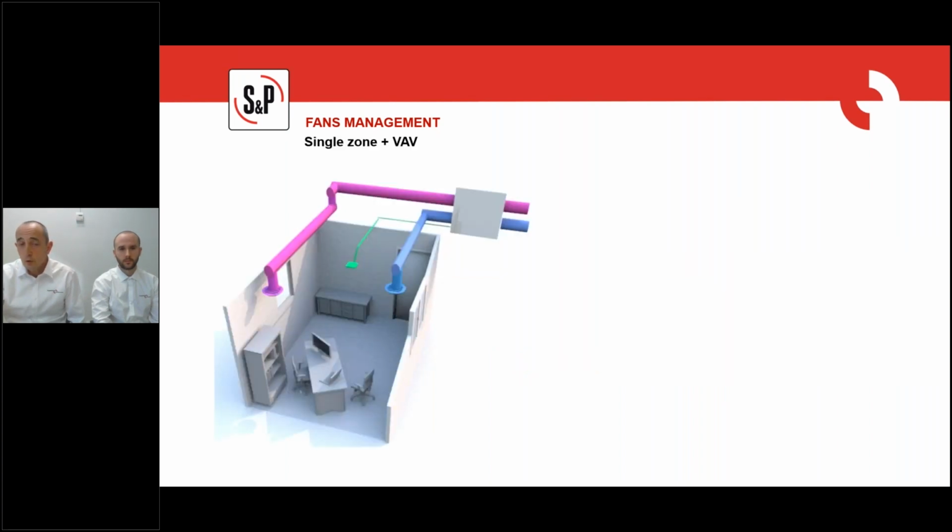Let's start with the most common, which is to have a single zone and the necessity of a variable air volume system. In this case, the ventilation will depend on an external input, which used to be a sensor, 0 to 10 volts, analogic output sensor. 0 to 10 volts is the most common.